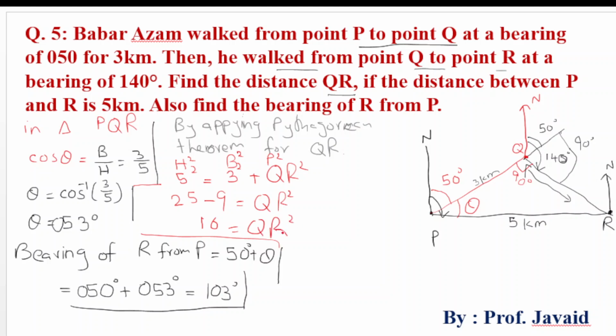So after taking square root, that will be 4 is equal to QR, or QR is equal to 4.